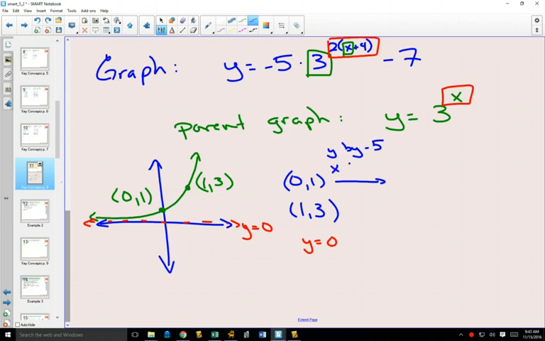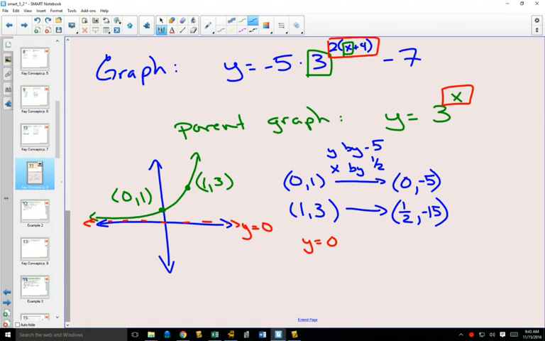The 2 will multiply our x by 1/2. If we do that to 0, 1, we will get 0, -5. If we do that to 1, 3, we will get 1/2, -15.